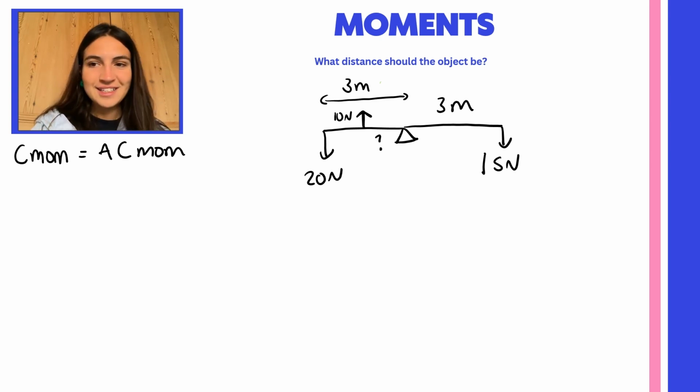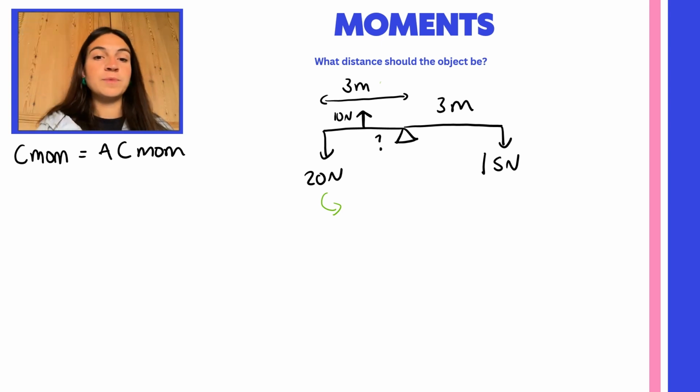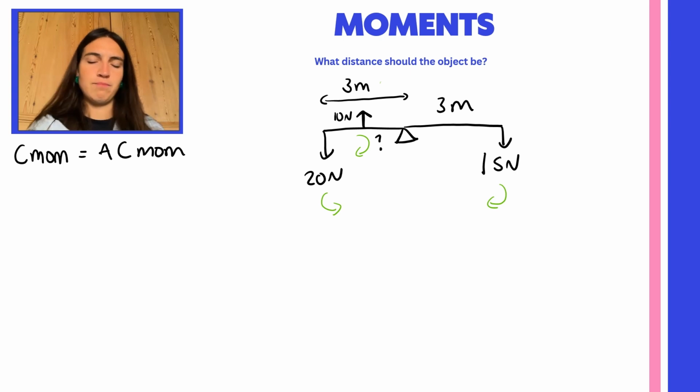So my 20 Newton one there is trying to pull this bar down in an anti-clockwise motion. My 10 Newton one, because it's trying to pull the bar up, even though it's on the left hand side, is actually trying to produce a clockwise turn. And my 15 Newton one pulling down on the right hand side is also trying to produce a clockwise turn. So I have two clockwise and one anti-clockwise moment.